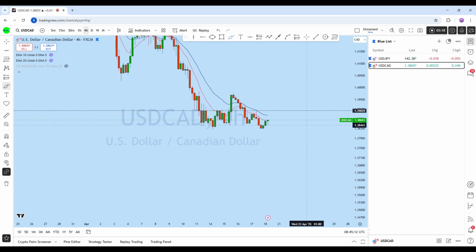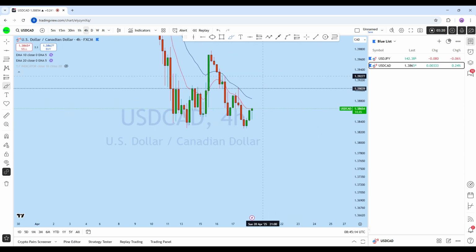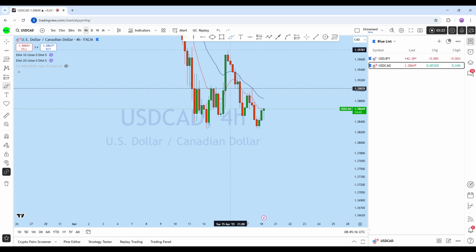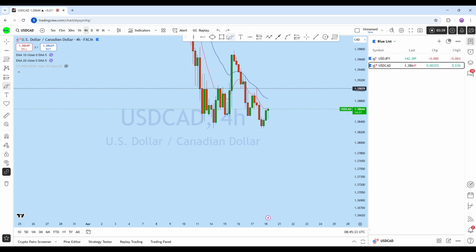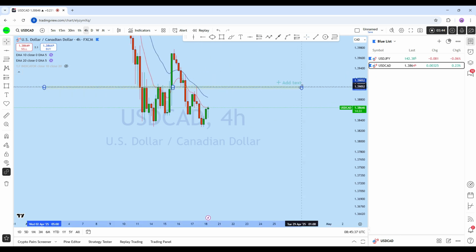So looking at the intraday time frame from the 4-hour perspective here, we can see that there was a liquidity grab here, a drop, followed by another liquidity grab here, drop, and we can see there is another liquidity grab in that area with a strong pin bar. Now currently the market is again pushing back to the upside for another retest, potentially to that resistance line.